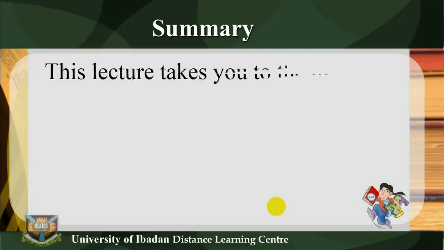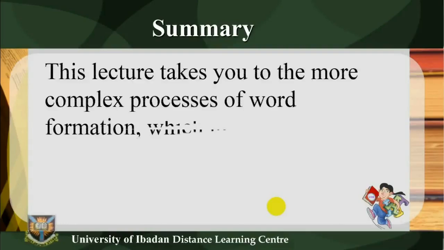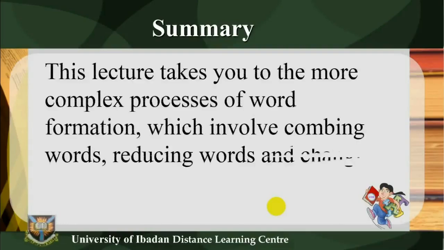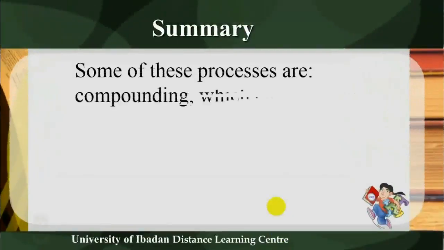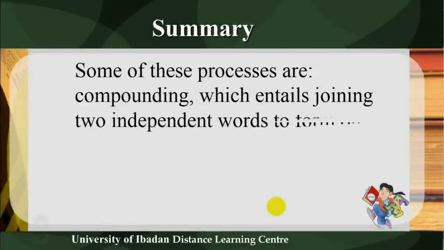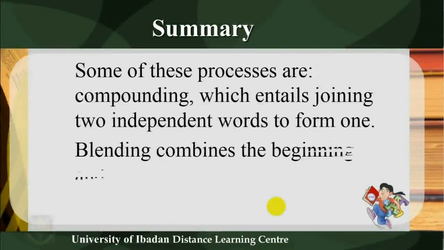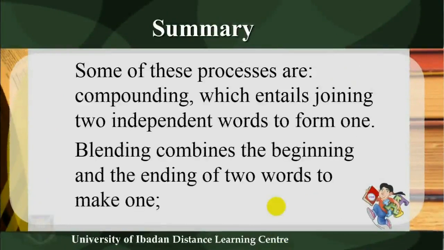Study session summary. This lecture takes you to the more complex processes of word formation, which involve combining words, reducing words, and changing the class and function of words. Some of these processes are compounding, which entails joining two independent words to form one. Blending combines the beginning and the ending of two words to make one.